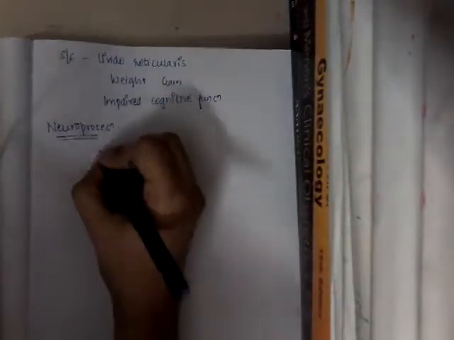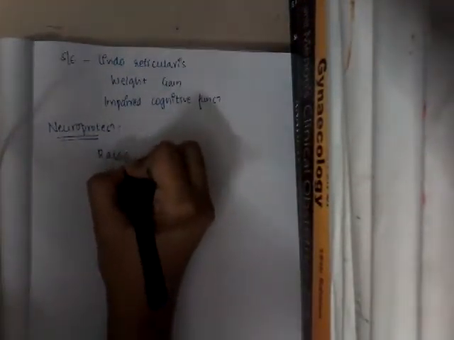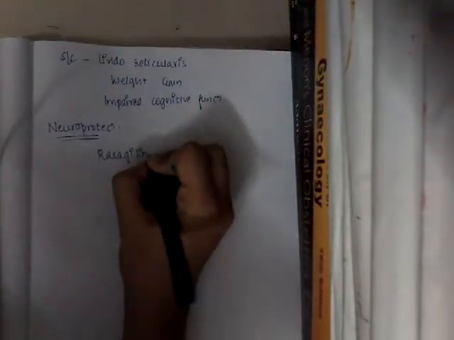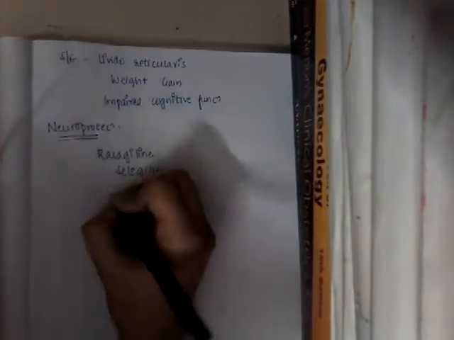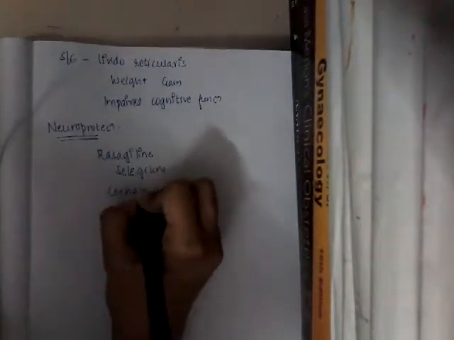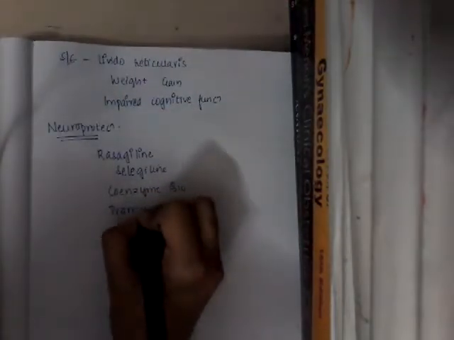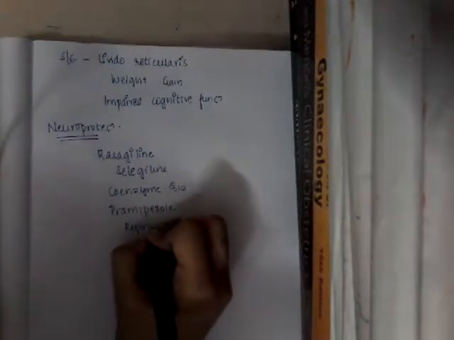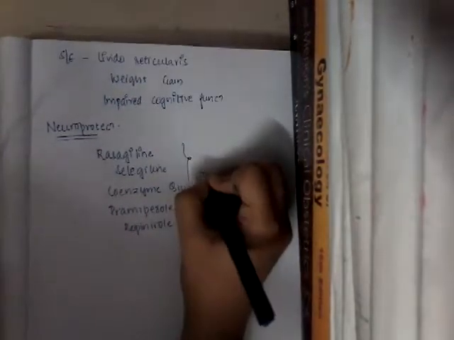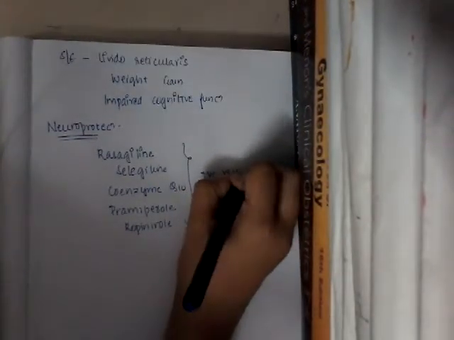In those trials, rasagiline is one drug which has good results. Selegiline also, and coenzyme Q10, and sometimes pramipexole and ropinirole. In all these, there is a positive result in clinical trials.